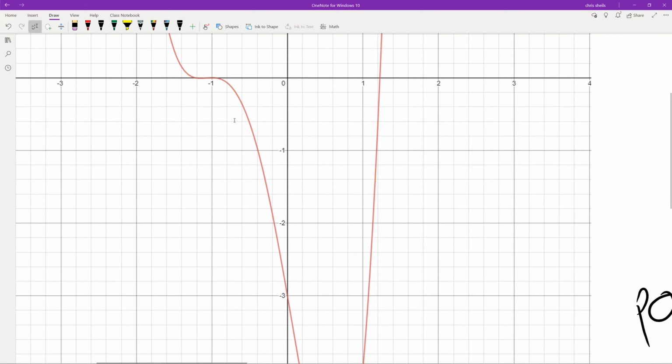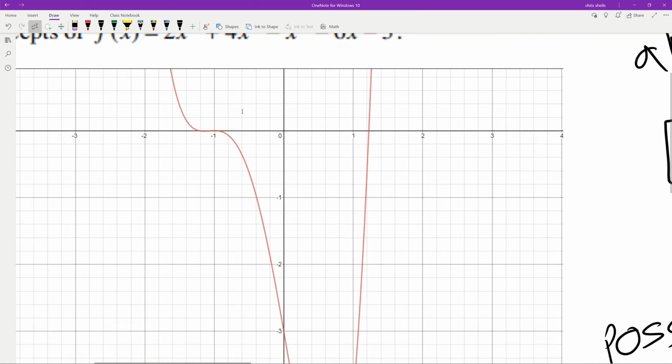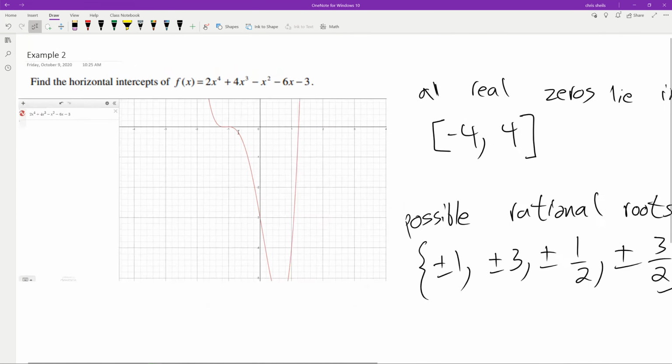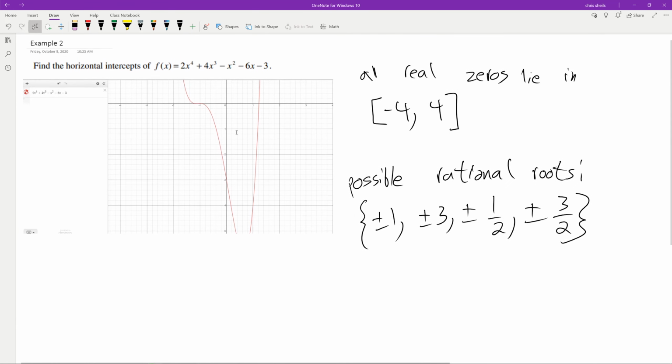So we're going to try some synthetic division with x equals -1. Let's try this as a guess. Let's try x equals -1 as a guess. And this will help us find some additional zeros. And I suspect that if x equals -1 is, in fact, a root here, that it's occurring more than once, right?